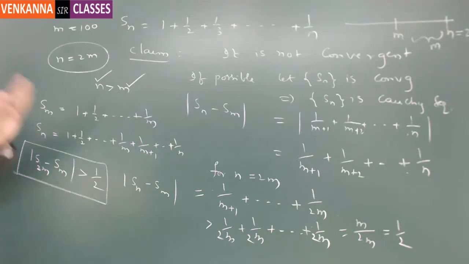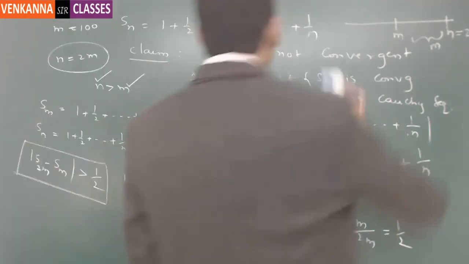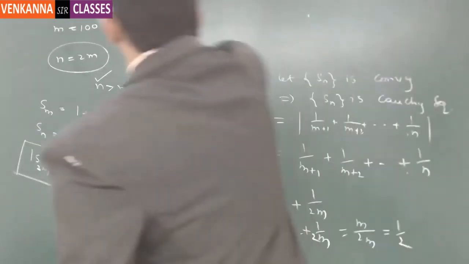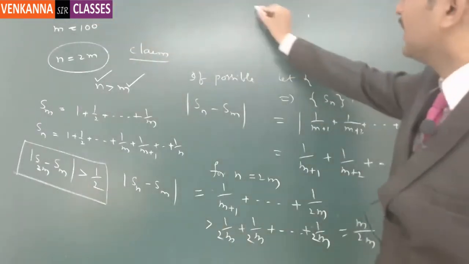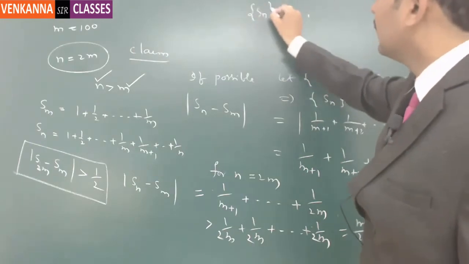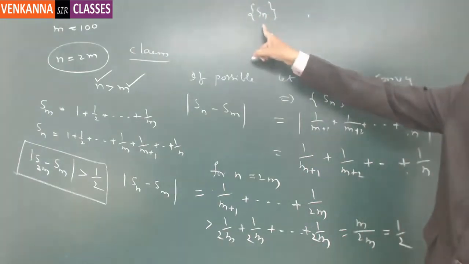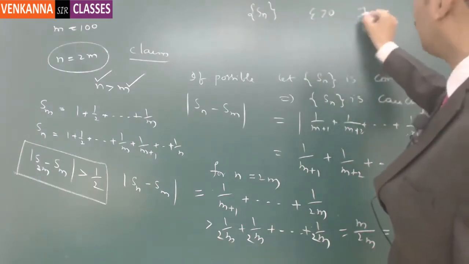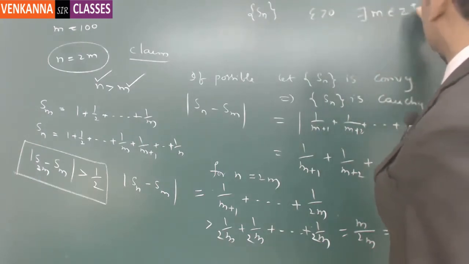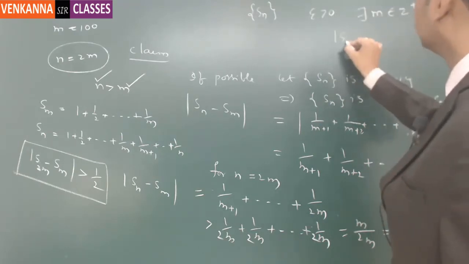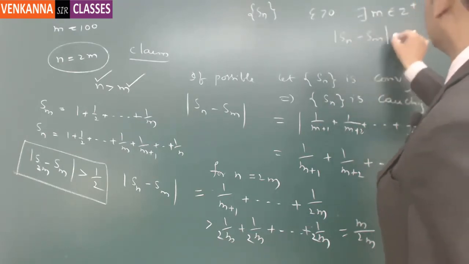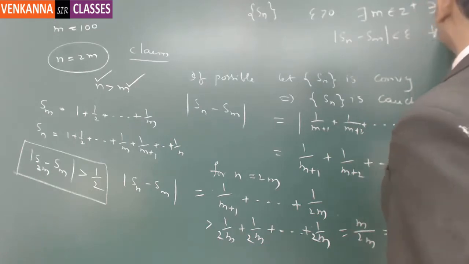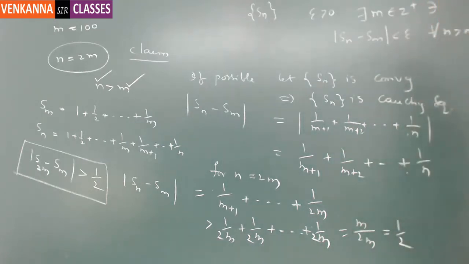Now I am one more time taking the definition of Cauchy sequence. If I say that Sn is a Cauchy sequence, then for every epsilon I can find m such that the condition holds.